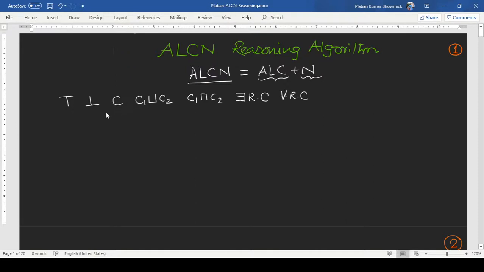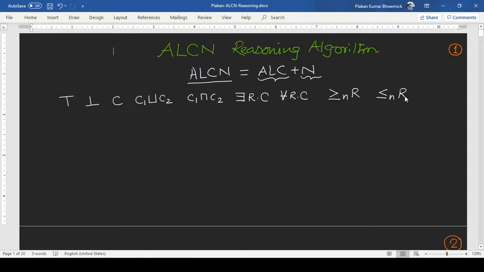So these are the constructs that are allowed in ALC, and added to that we have got the at least restriction and at most restriction, right?